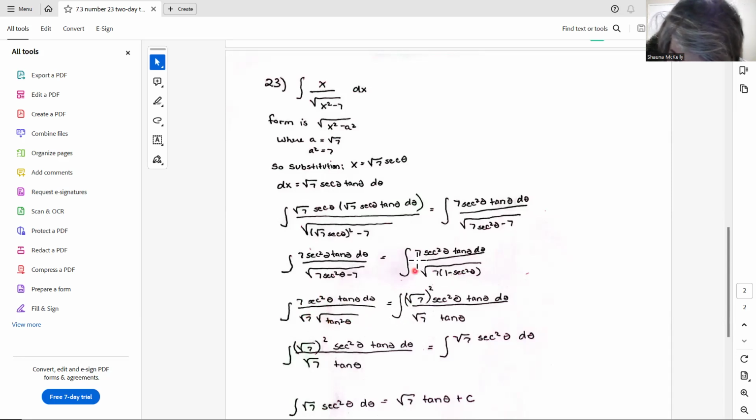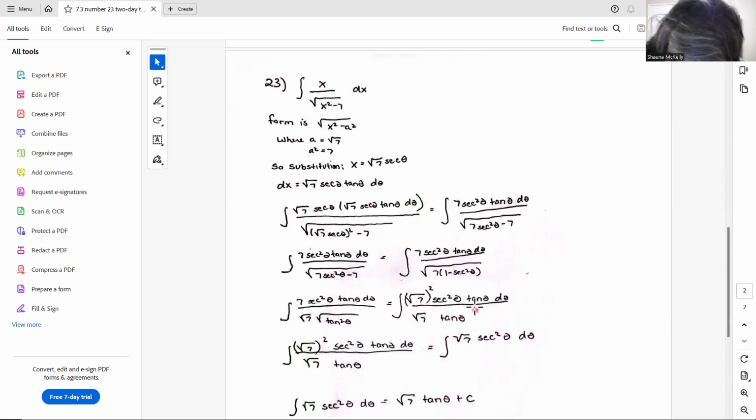And then I rewrote this 7 as the square root of 7 squared just to show you what would simplify. And of course, the square root of tangent squared is tangent. So now one of my square roots of 7 cancels, leaving me with the square root of 7 in the numerator.